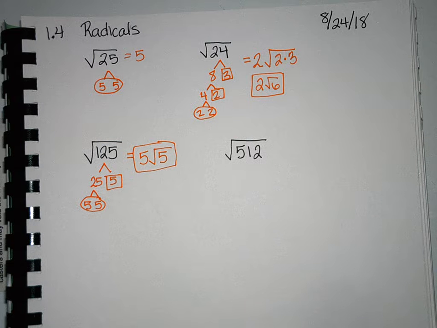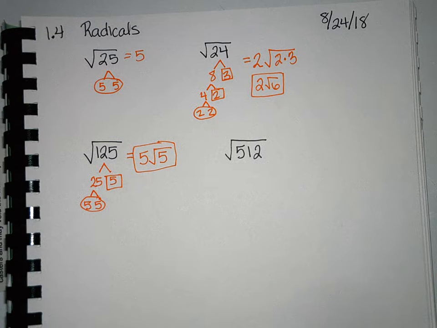So we're going to do the same thing with 512. Can anyone think of maybe a number that goes into 512? Does anyone know their divisibility rules? This is how we can try to see what numbers might go into it.